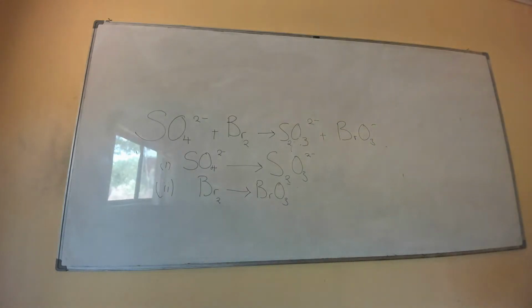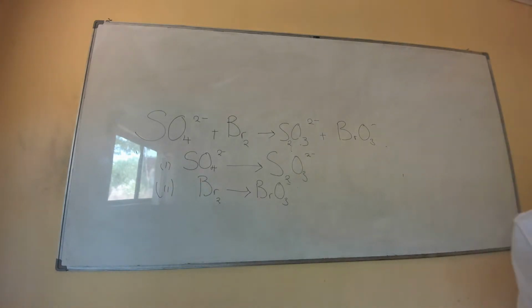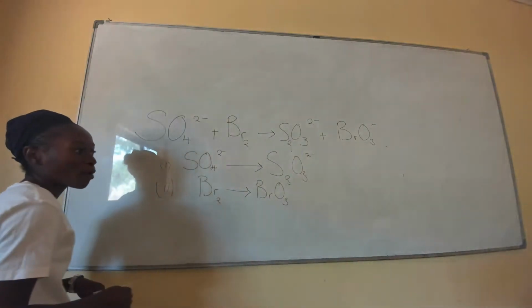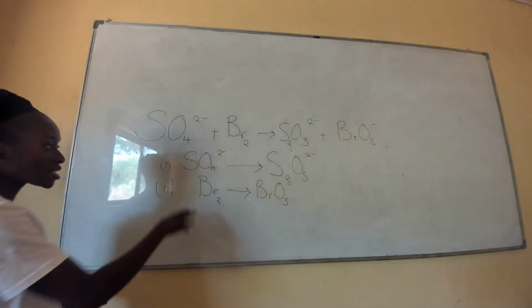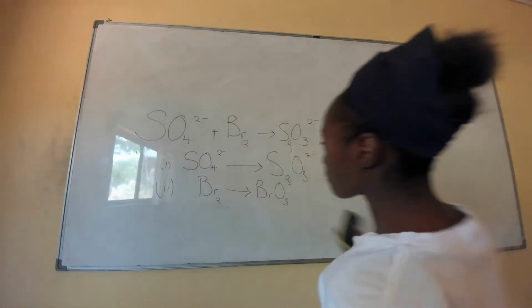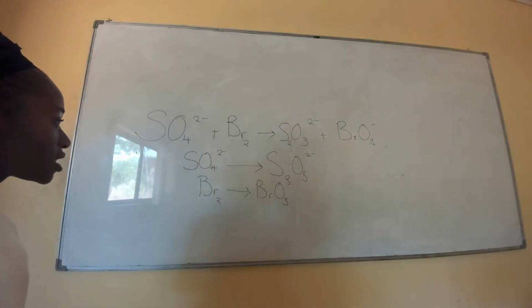Like I said, we have to separate them into half reactions. Thereafter, we balance any other atoms apart from oxygen and hydrogen. In this case, we have sulfur and bromine. Let's start with the first equation, the sulfur. Is our sulfur balanced?